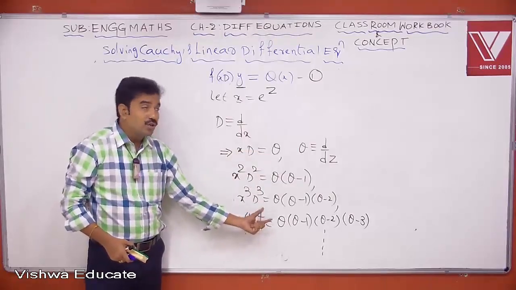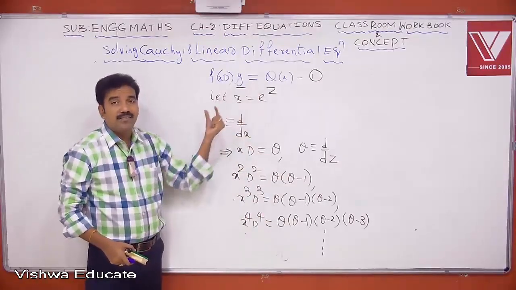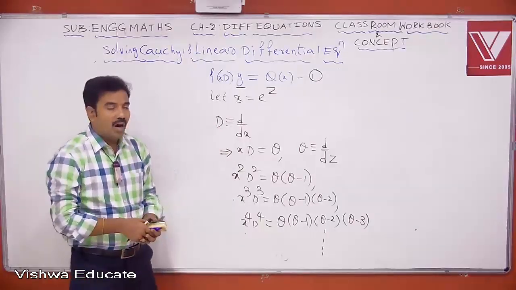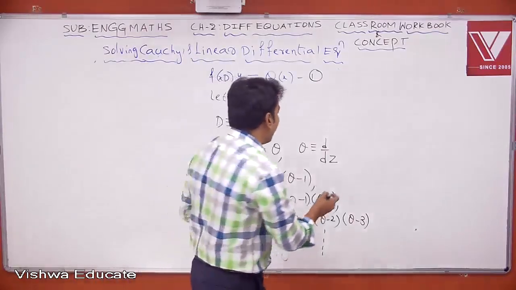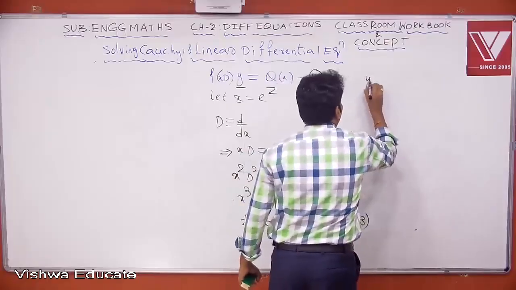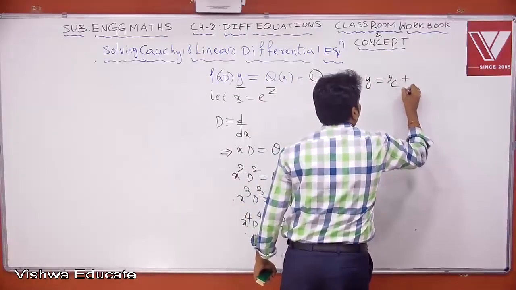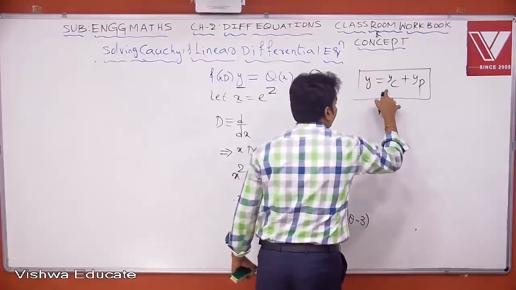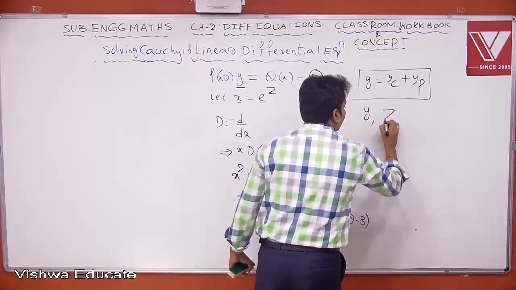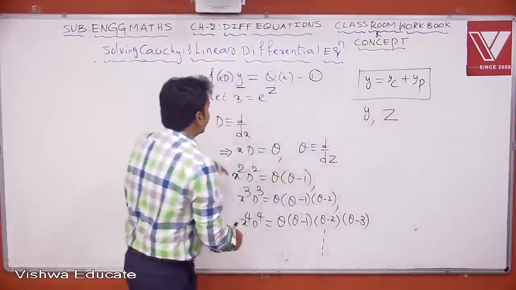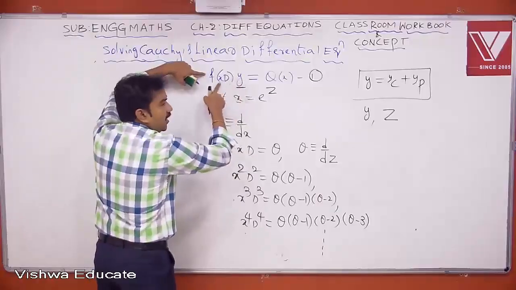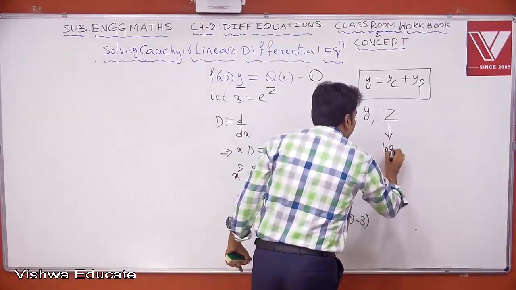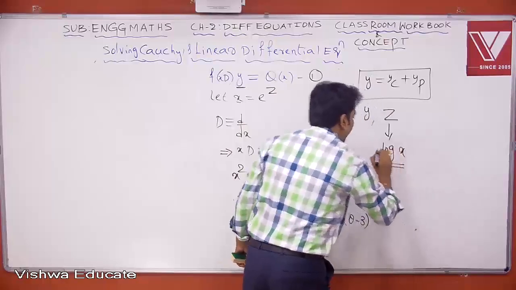Now when you substitute all these in equation 1, equation 1 becomes an equation with constant coefficients, and you know how to handle that. The general solution will be y equal to yc plus yp. But we get this general solution in terms of y and z only, while the question is given in terms of y and x. Therefore, finally z is replaced by log x.